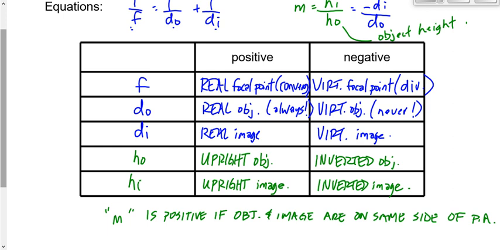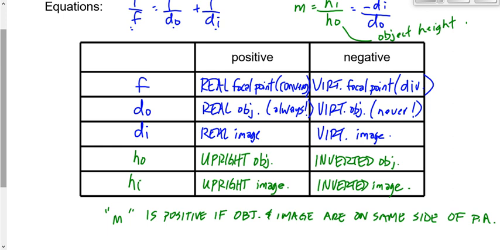If I get a magnification of negative 0.5, then that means the image is upside down, because it's negative, and the image is half the size of the object. If I get a magnification of 2, the image is twice the size of the object. If I get a magnification of negative 2, then the image is twice the size of the object and upside down, or at least flipped over relative to the object.